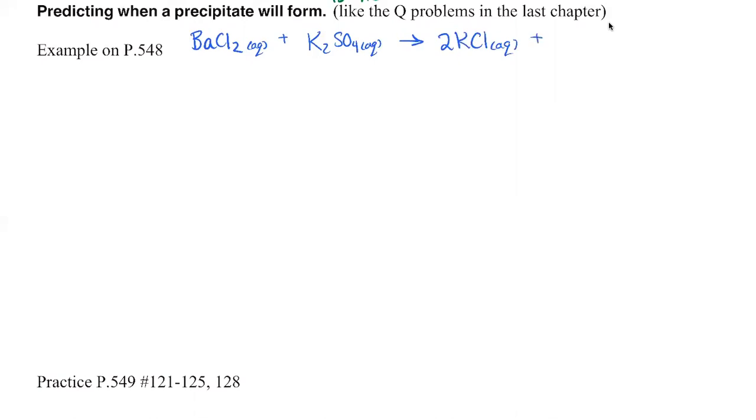This is a double displacement reaction, and barium sulfate, which is a solid. This barium sulfate is the slightly soluble salt we're going to be looking at. So we want to know, based on the amounts of our reactants, are we going to see a precipitate form?